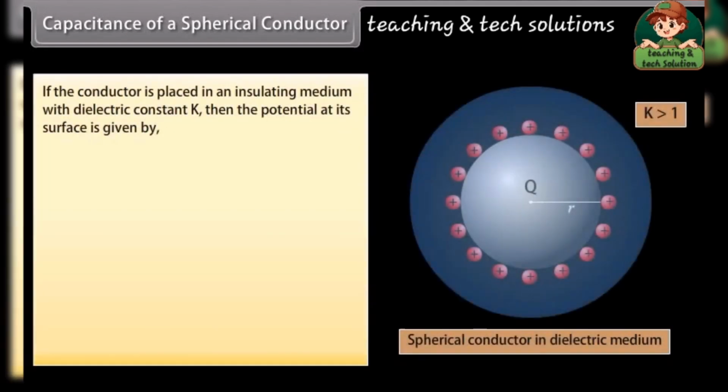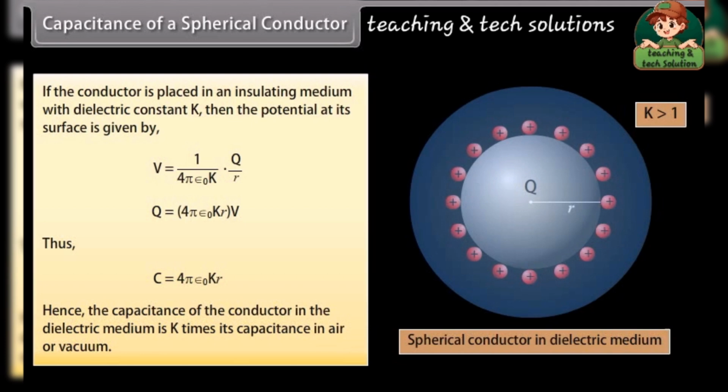If the conductor is placed in an insulating medium with dielectric constant K, then the potential at its surface is given by V is equal to 1 upon 4 pi epsilon naught K multiplied by Q upon R. It can also be written as Q is equal to product of 4 pi epsilon naught K, R and V. Thus, C is equal to 4 pi epsilon naught KR.